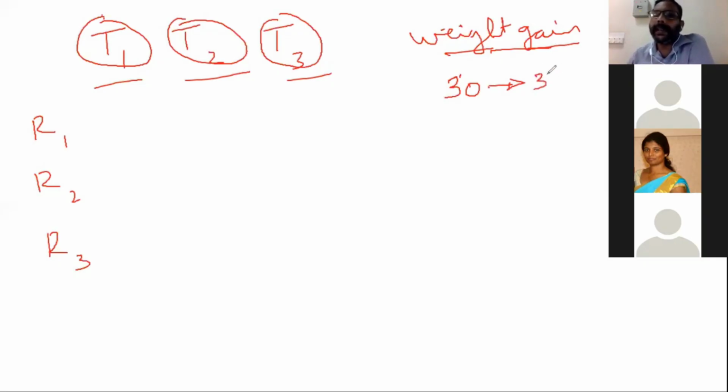Suppose that animal is now 35 kilogram in 1 month. In 1 month, don't forget, right? So what is the weight gain? 5 kilogram per month.